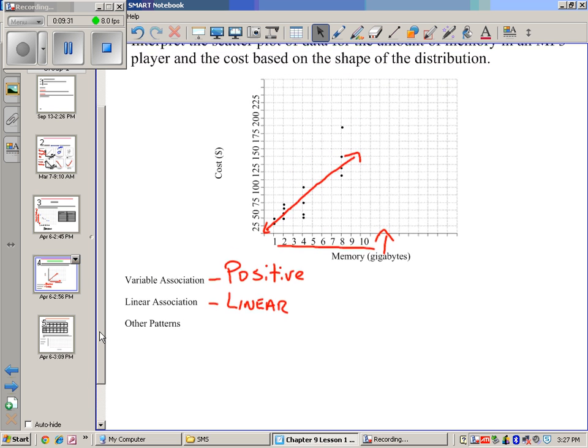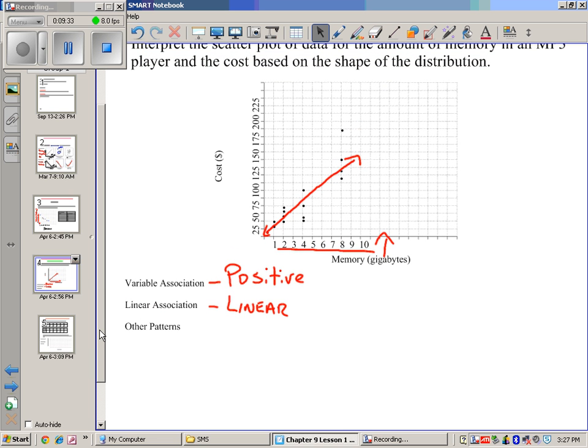Do we see any other patterns? Is there a cluster? Is there an outlier? That would be our other patterns we'd be looking for. If anything, you could say we see a cluster right around in here.